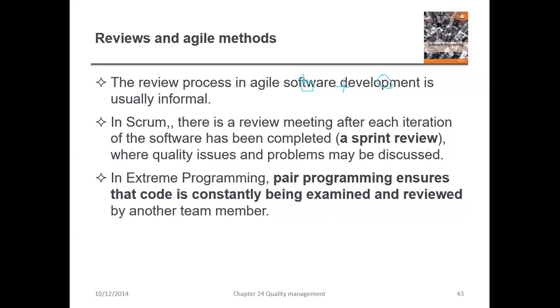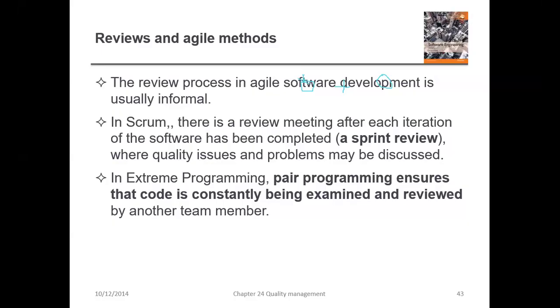For example, if you're going to write code, you have two people sitting at a desk. One will be writing the code, whilst the other person will be doing the review. We can describe it as what we know as a driver and a mate. So whilst the driver is writing the code, the mate will be doing the review.